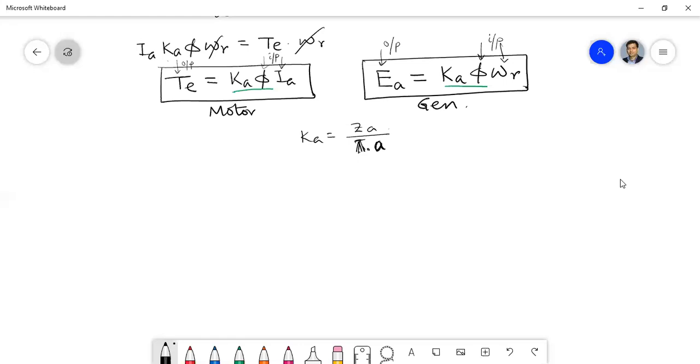When you connect some mechanical load to the shaft of the motor, it will apply an opposing torque on the shaft, and then the motor torque, that is TE, will try to balance that torque. When these two torques are balanced, only then will the motor rotate at a steady state speed or equilibrium speed.